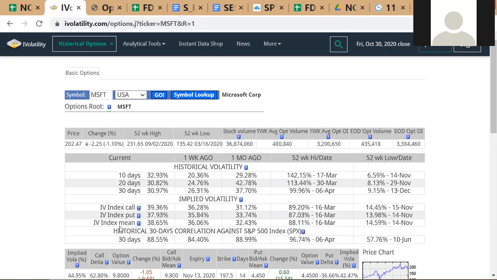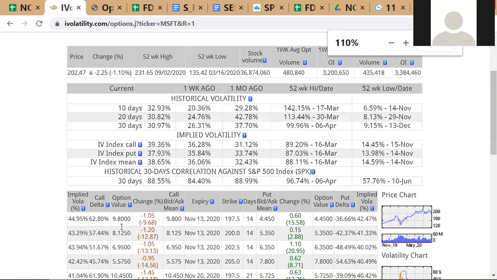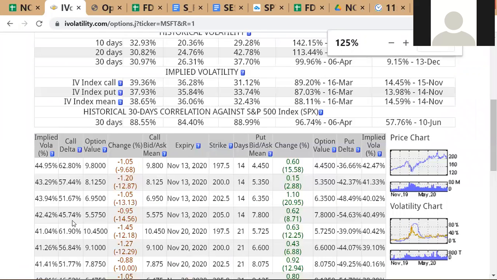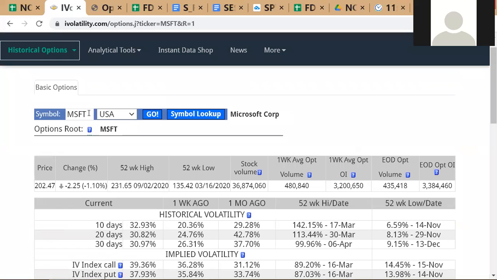Okay, maybe we have a little bit here. Now, can you see the stuff here? What we are trying to show you is that when you put in Microsoft as the ticker, and this is what you're going to have to do, you're going to use this link, and you will just put in the ticker here, and it will change the price display.